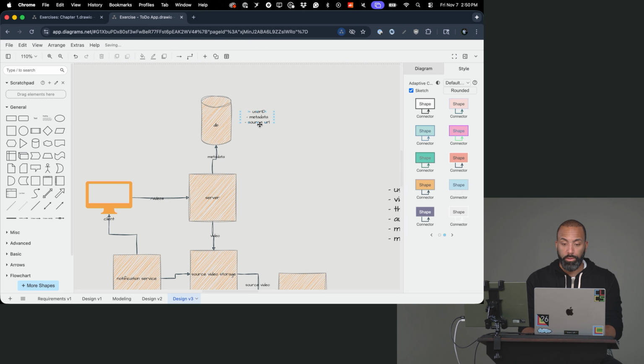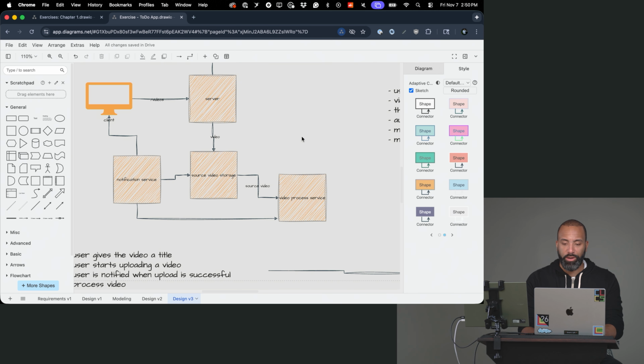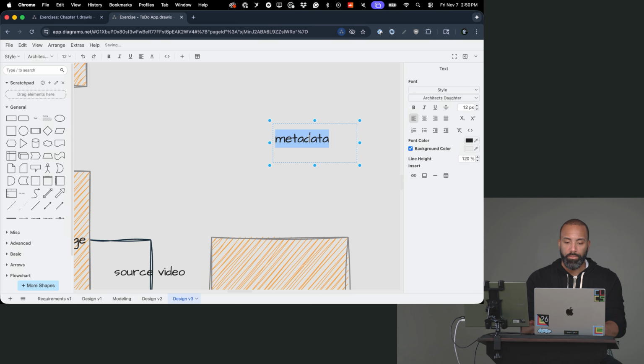So actually, let's write out what we want to do. We could just build services, but let's talk about it just a little bit. All right. So for video processing, we need to split the audio, extract audio.